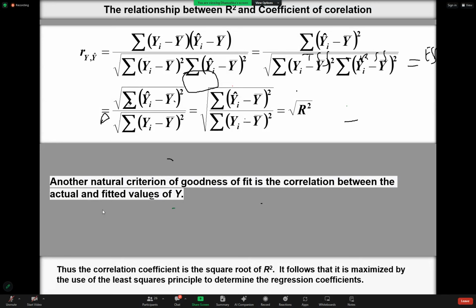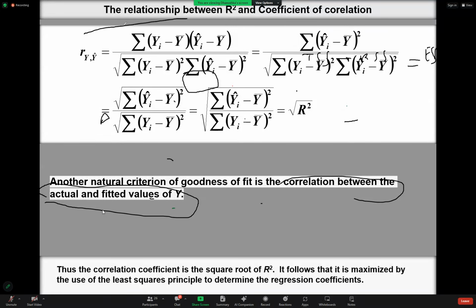If the model is good, there should be a correlation between the actual value and the predicted value, or the fitted value. Actual value means the value in our data set. Fitted value means the predicted value.